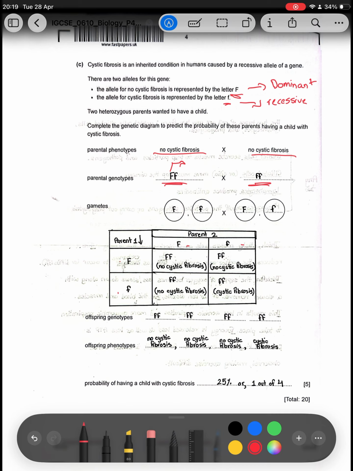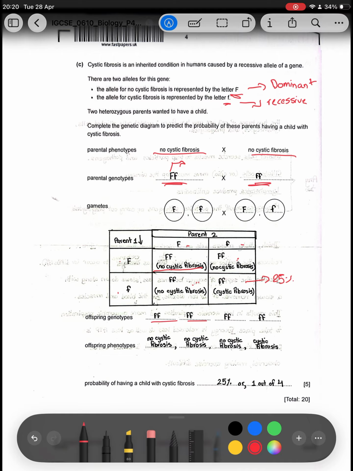So what we get here is one of them will have both the dominant alleles, which means absolutely no chance of cystic fibrosis, and there's a 50% chance of them being heterozygous as well, and there's a 25% chance of the offspring having cystic fibrosis, which is indicated by 2 lower cases of f.